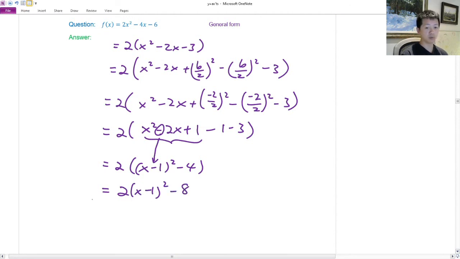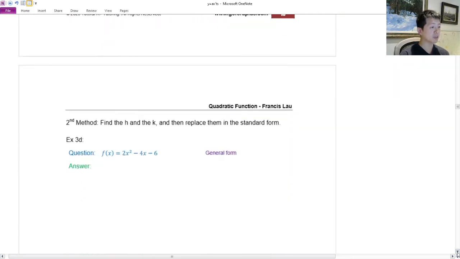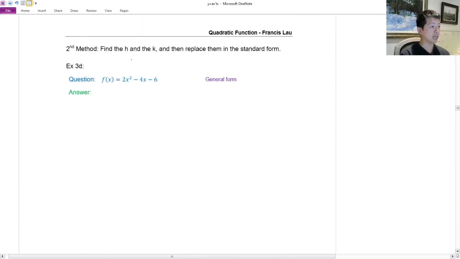Now this is from what we had before, right? This is the same example. That's why I want you to see that, oh yeah, this is actually from before, from the standard form to general form, and now general form to the standard form. Now that's the first method. The second method is to find the h and k and then replace them in the standard form.